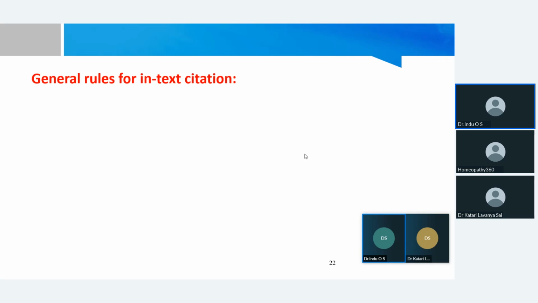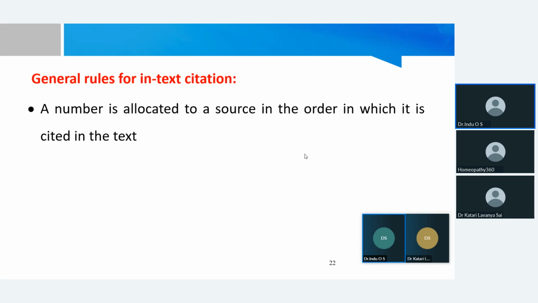So Arabic numerals like 1, 2, 3 we are using to give in-text citation. As I mentioned in the earlier slide, under the bibliography we give references in Vancouver style, serially numbered 1, 2, 3, 4 like that. Whatever you give against the number 1 should be there in the text also.